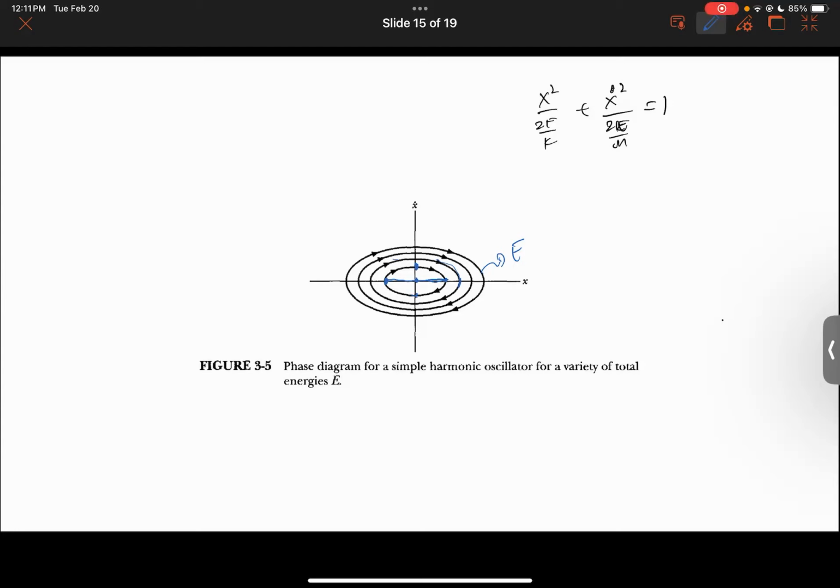If you have questions, just write them down, because in the next meeting we will use this concept of the phase diagram to describe the motion of the harmonic oscillator with damping, and with driving forces.